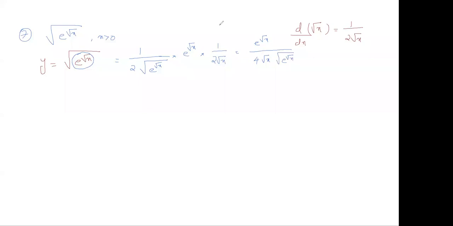If you want, you can cancel the root of e to the power root x with one of the two factors. So it will come on top, and you can also write this as root e to the power root x divided by 4 root x.